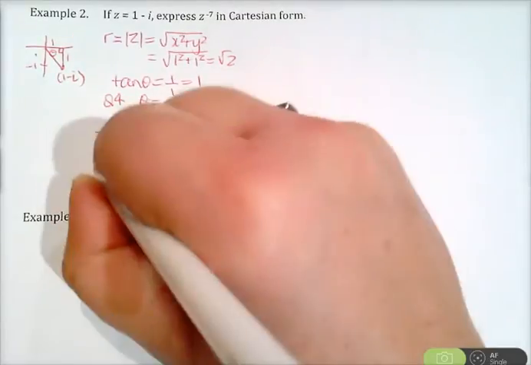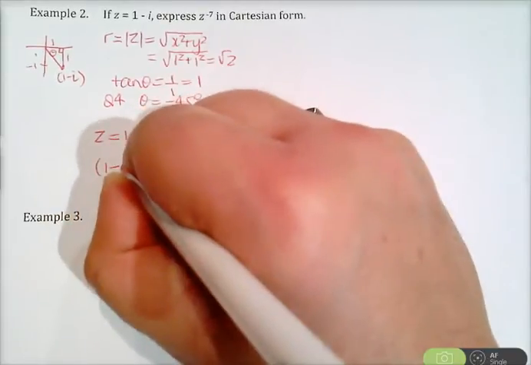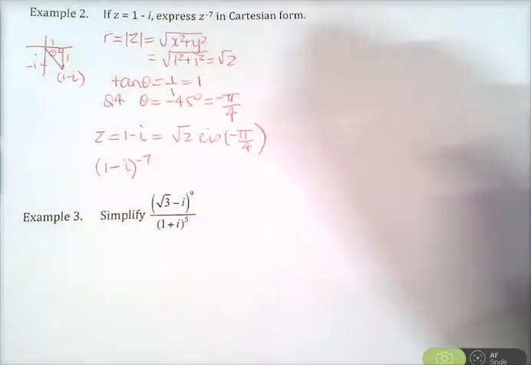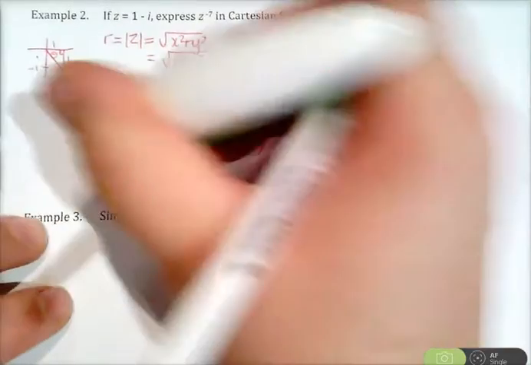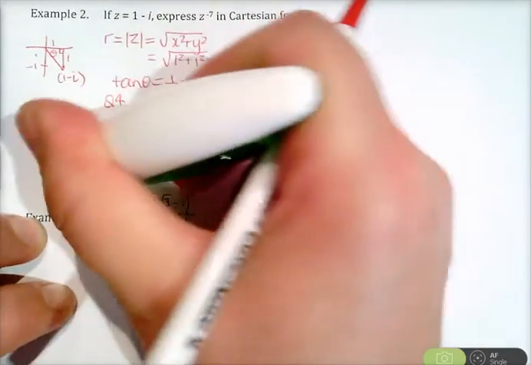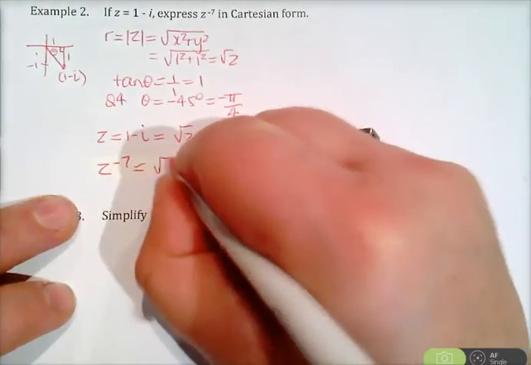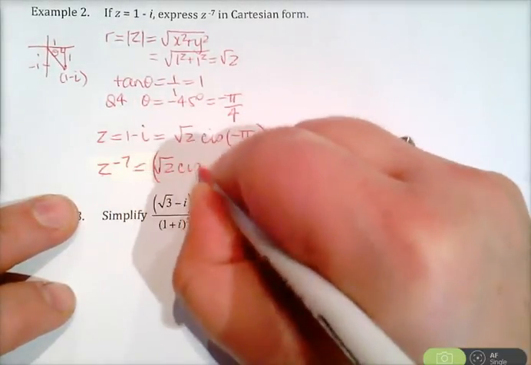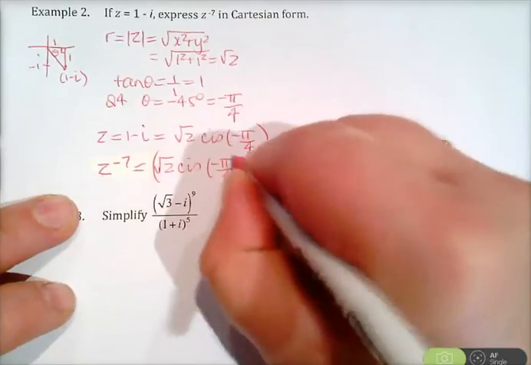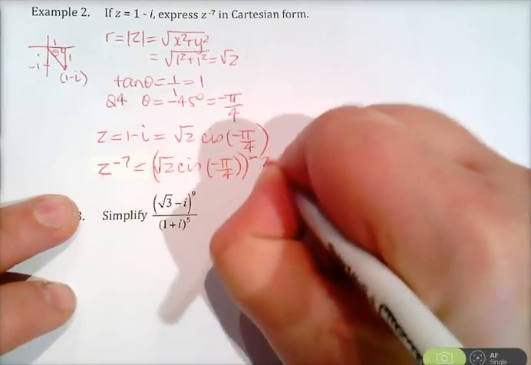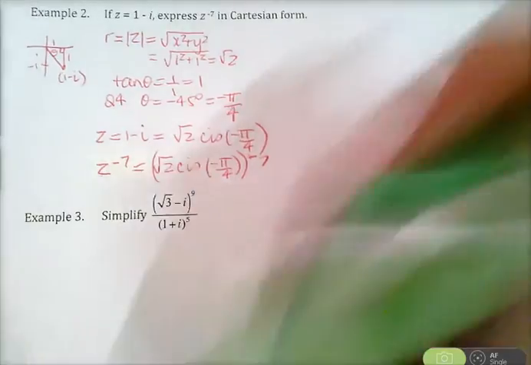So z to the power of negative 7 is root 2 cis minus pi on 4, all to the power of negative 7. Now, applying De Moivre's theorem.